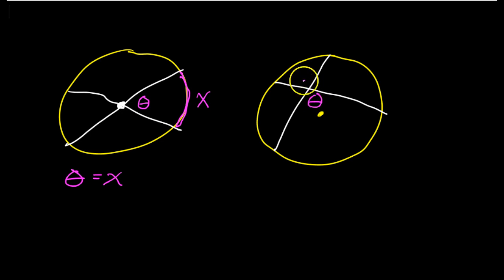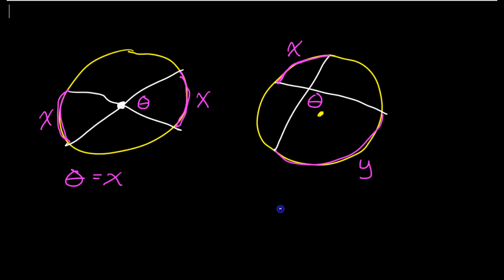I'm not going to write it twice because it's the same thing, but now I have to talk about two intercepted arcs. I have to talk about this one and I have to talk about this one. I didn't have to do this before because the other intercepted arc was exactly the same. It was also x, so I didn't need to worry about it. But see how these are not the same? So I need to call one of them x and I will call one of them y.